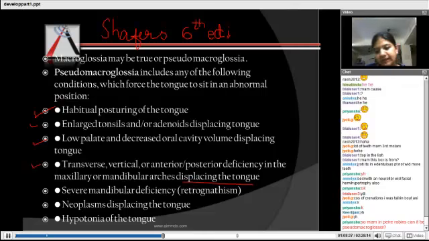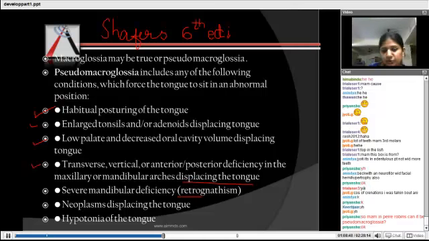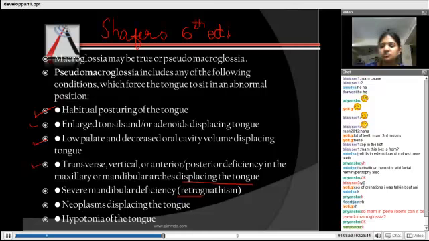Also severe mandibular deficiency, some neoplasms and hypotonias. So these are conditions where you see pseudo-macroglossia. Any doubt here?